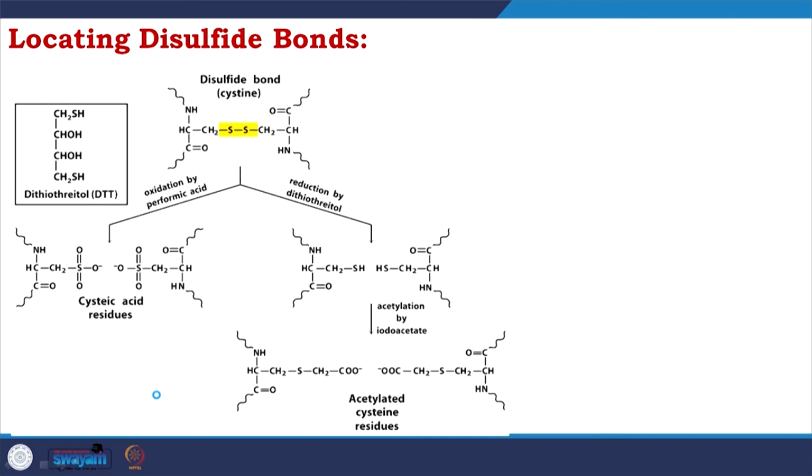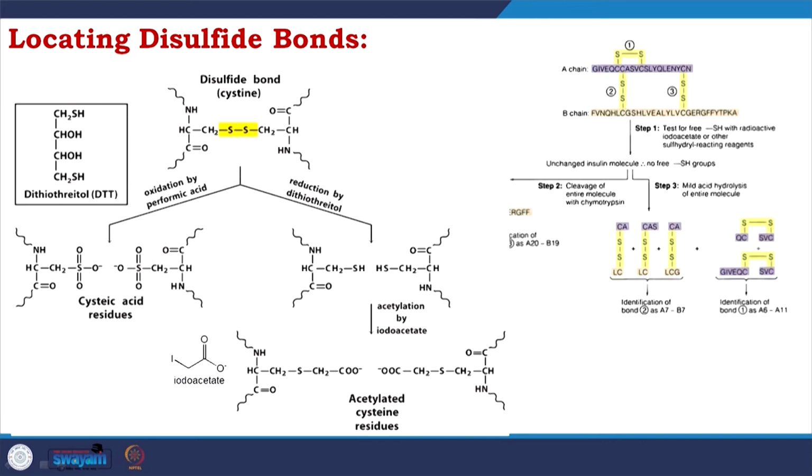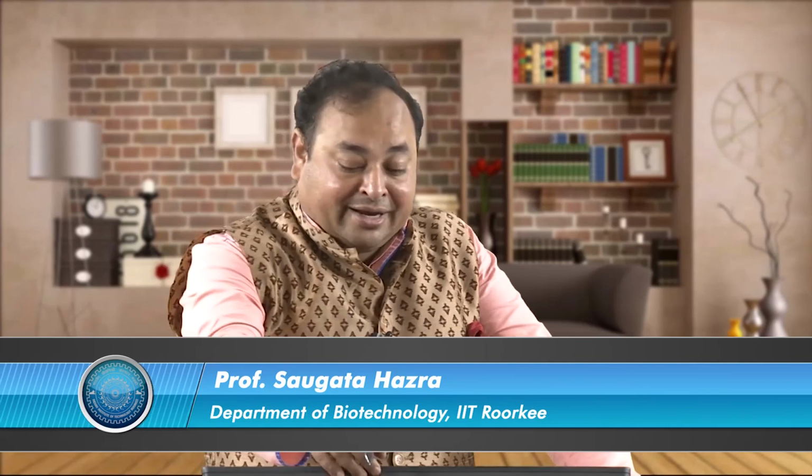In case of dithioerythritol, the disulfide bond would be reduced and individual SH groups would be formed, and then you put iodoacetate, which would do alkylation, and now you get modified cysteine residues. So, in the protein you identify the modified cysteine residues and you know where the disulfide bonds are. Without treating with dithioerythritol versus treating with dithioerythritol, you will get the difference.